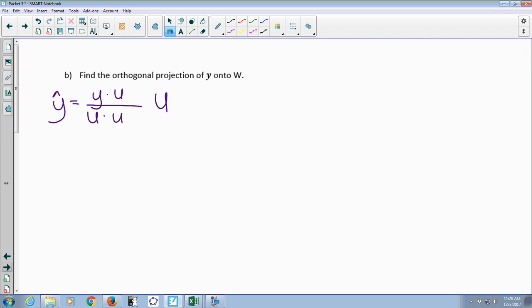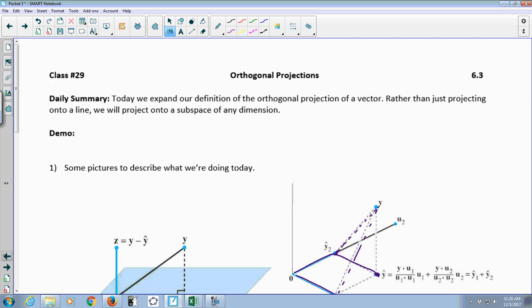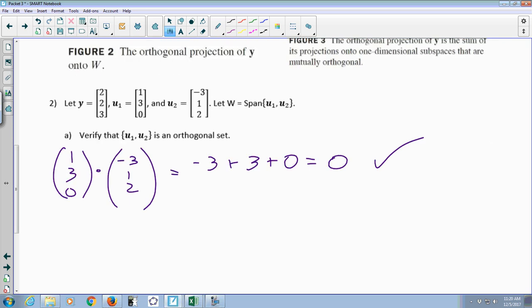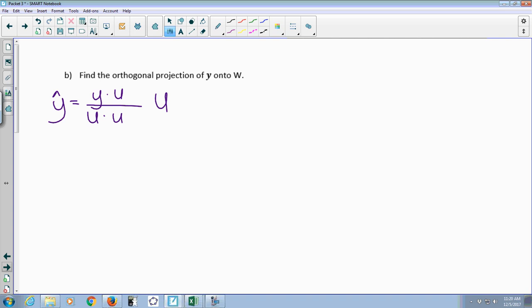But since W is a two-dimensional space now, we know it's two-dimensional because there were two vectors in the basis, I have to do this twice, once for each vector in the basis. So this is going to be plus y dot u2 over u2 dot u2 times u2.